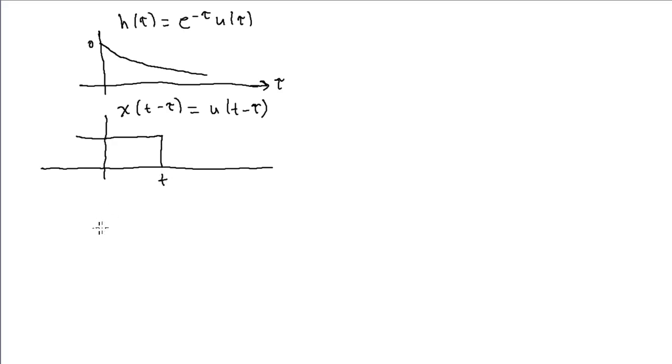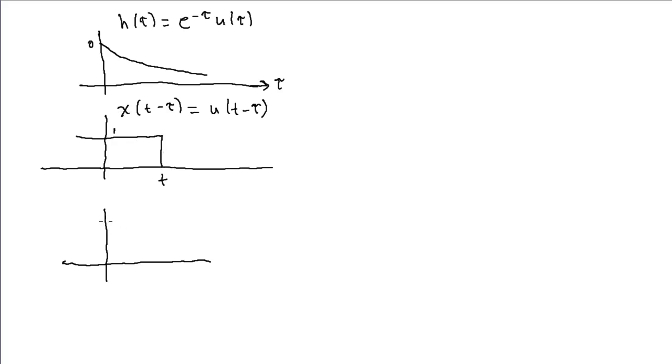Okay. Then now if I look at the product of this function with the one above it, this function is equal to 1 between 0 and t, and then h of tau is 0 for all tau less than 0. Of course, this function is 0 for all tau greater than t.